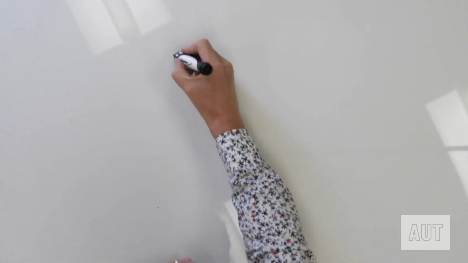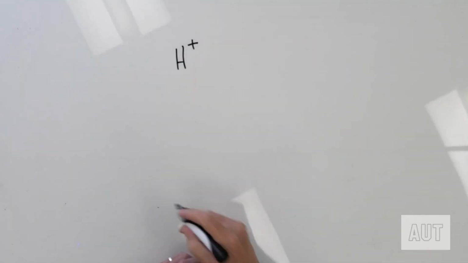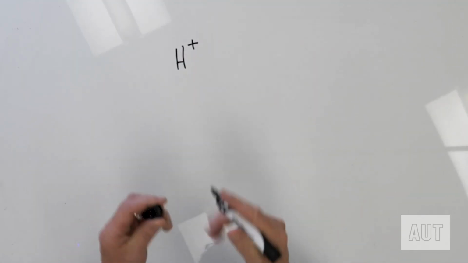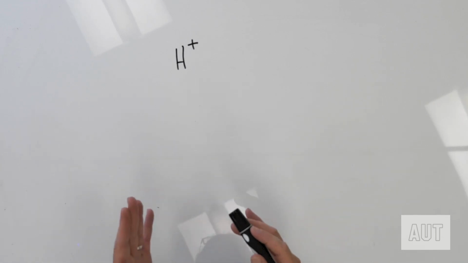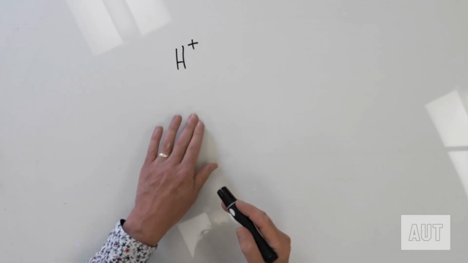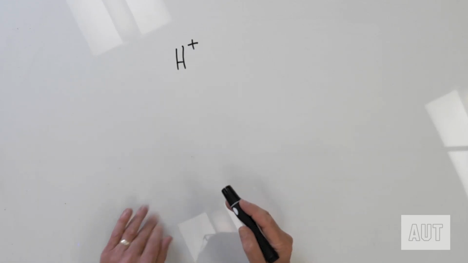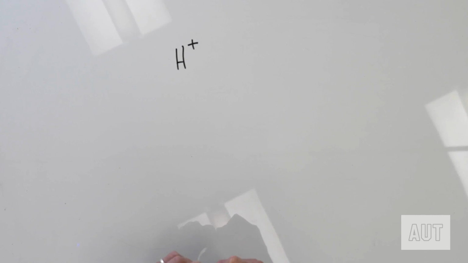Now, you might think that this means that we are going to be talking a lot about protons, H+. There's the formula of a proton, but in fact what we find is that if we tried to get a free proton in water, you wouldn't have a hope of doing that.